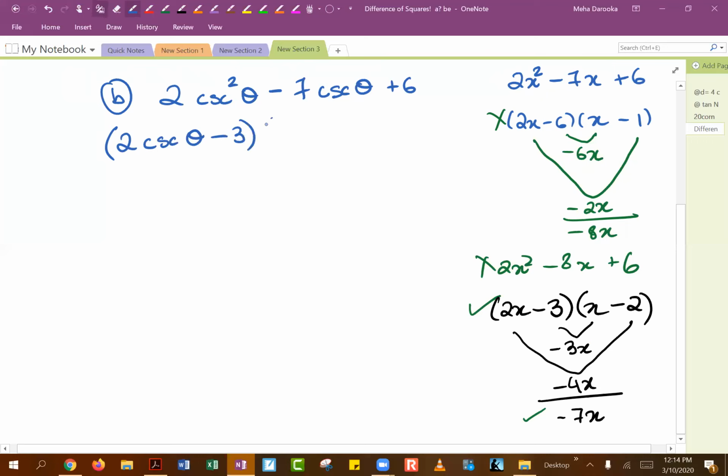And then what will my second parentheses look like? Very good. Cosecant of theta minus 3. Any questions on this one?